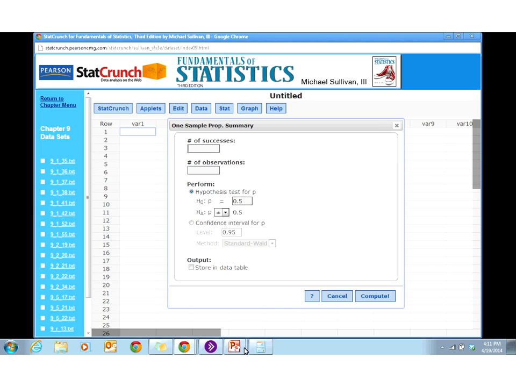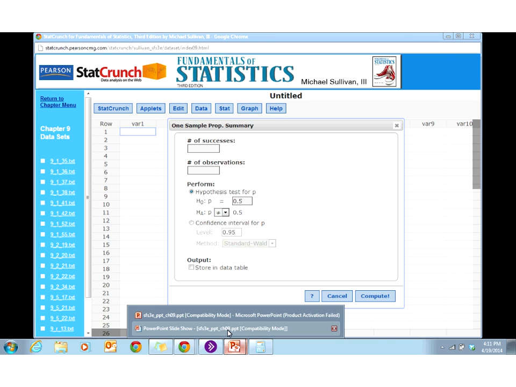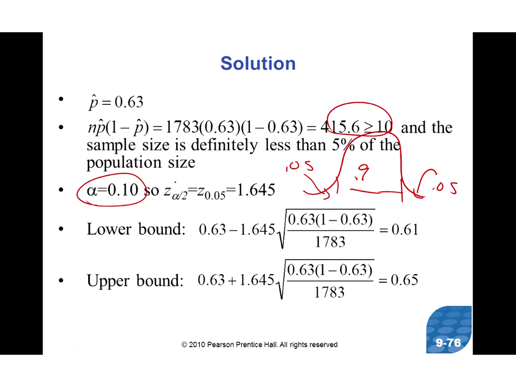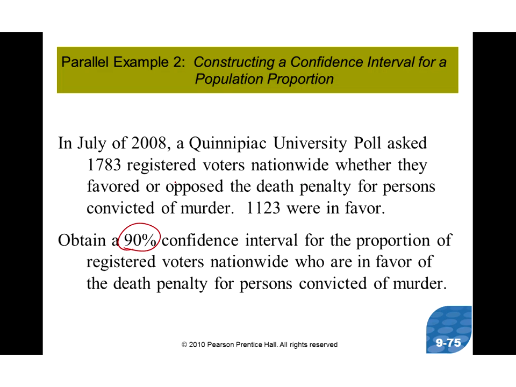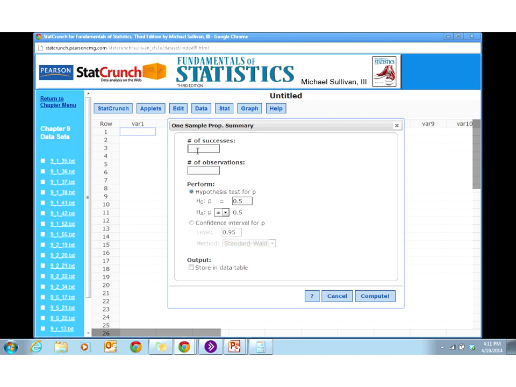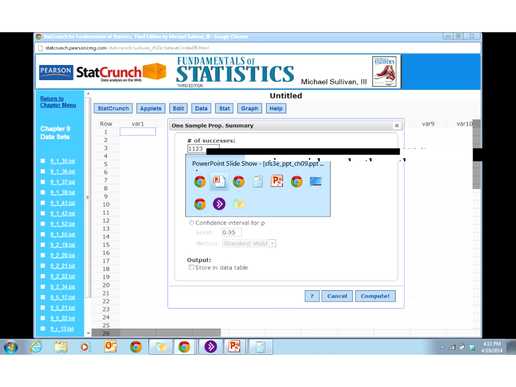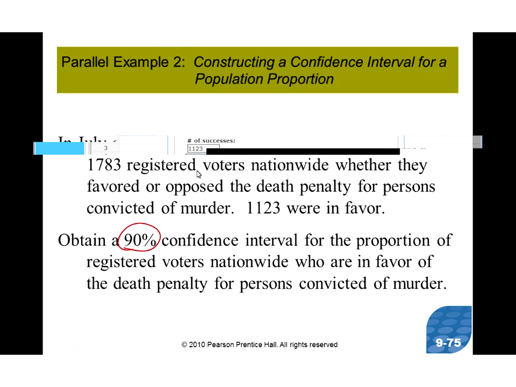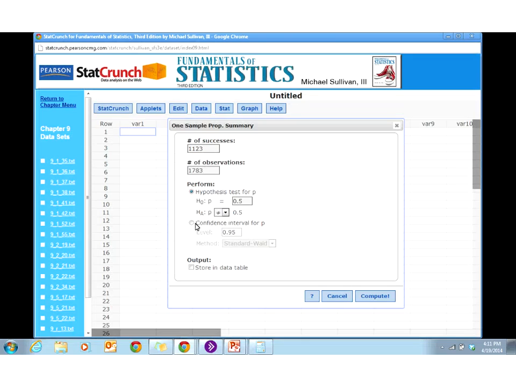Number of successes. I have to check that real quick. Number of successes was 1,123. And the number of trials, I think it was 1,783, but I'm going to check it again. Yep, that's right. We're doing a 90% confidence level. Leave it as standard.